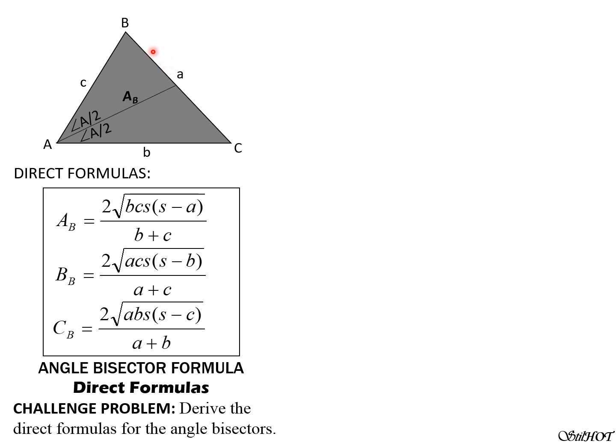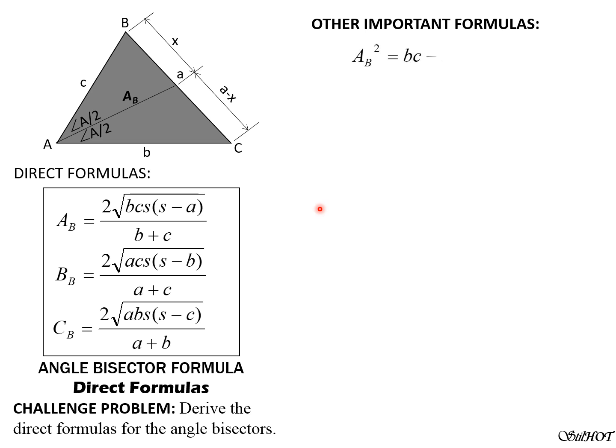Let us say this is x, and this is a minus x. So again, angle bisector square, just memorize one, is equal to BC, product of B and C, then minus the product x and a minus x.